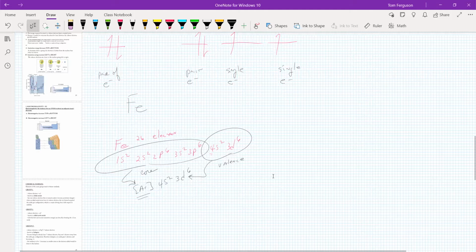And let's look at the orbital representation of iron. Now, as we saw from before, iron has got D electrons. The maximum number of electrons in the D block is 10, so that means we have 5 orbitals. So we have 1 for the S, 5 for the D, and we also have some empty orbitals.